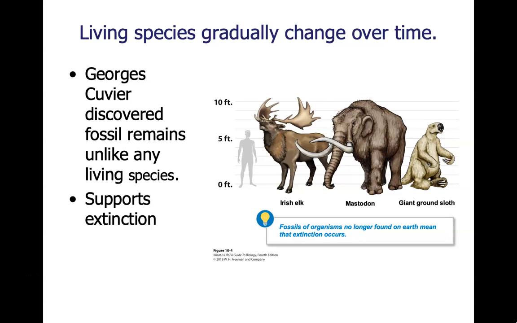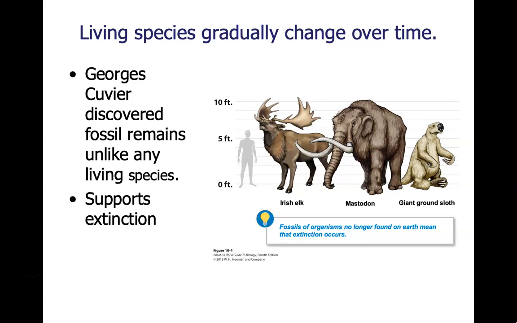So many people challenged this because they felt that biblical stories didn't allow for species to be wiped out. And so he sort of caused a little rift.